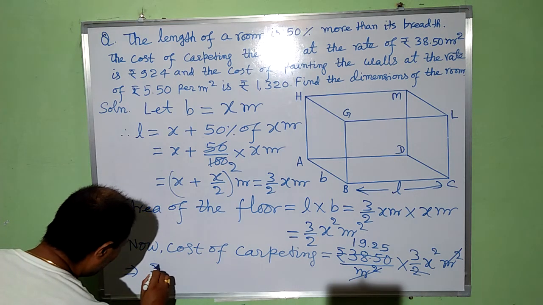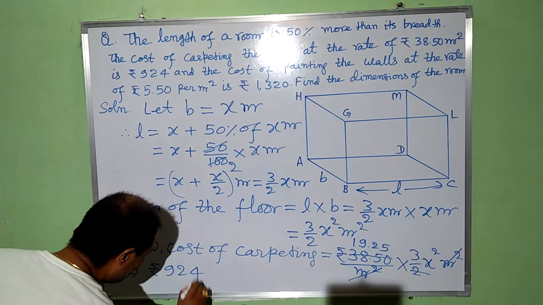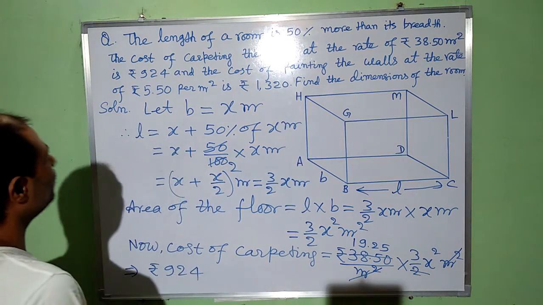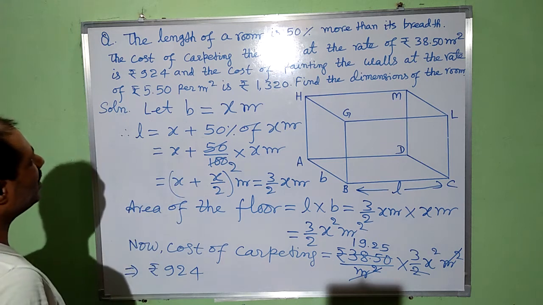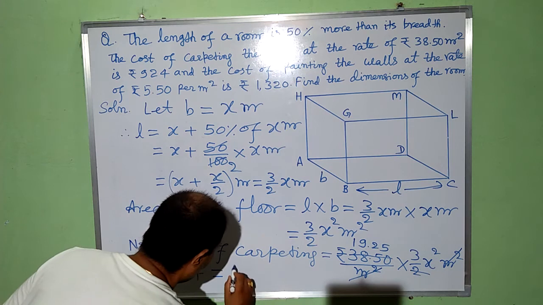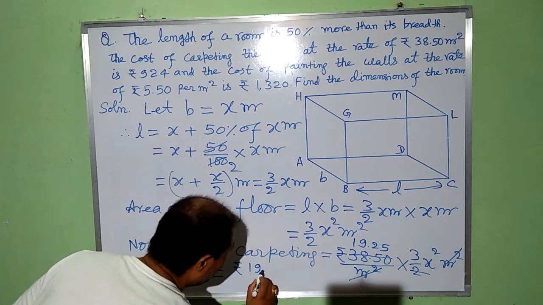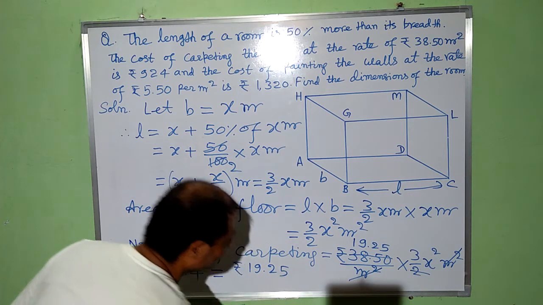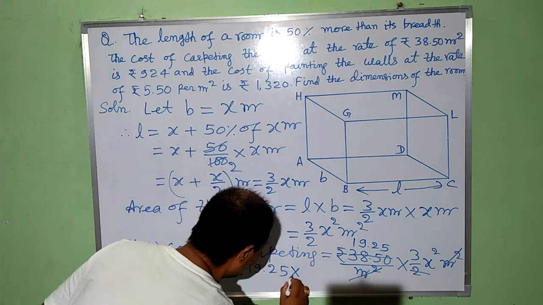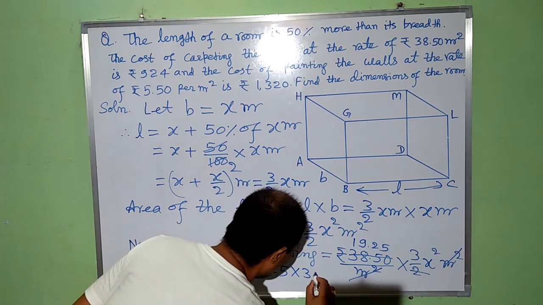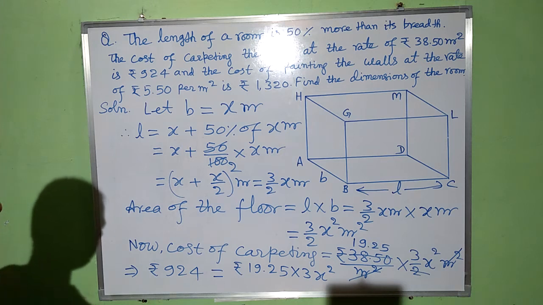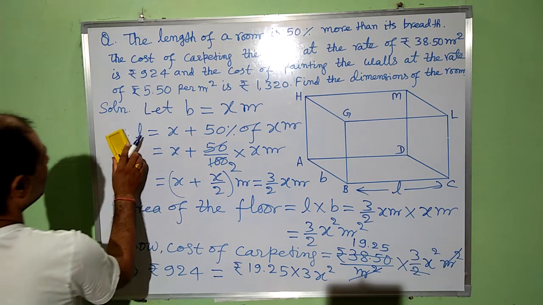Implies that rupees 924, at the rate of rupees 38.50 per meter square, is equal to, we got that is 19.25. Denominators are cancelled into 3x square. Now we have to transpose it here.